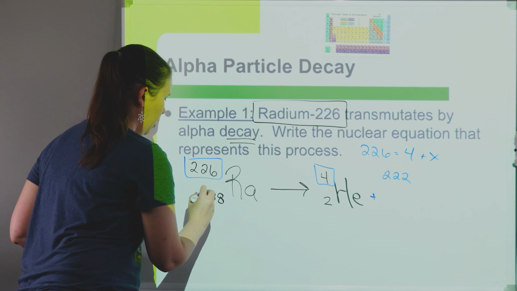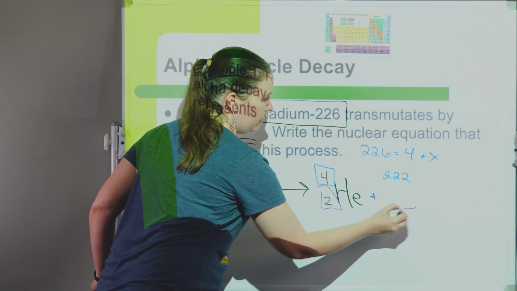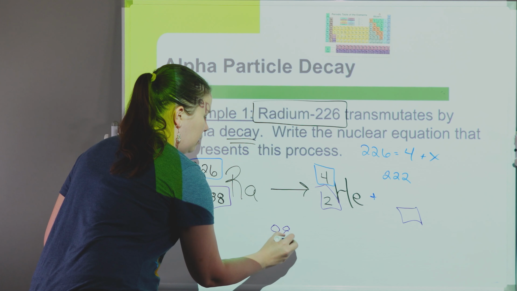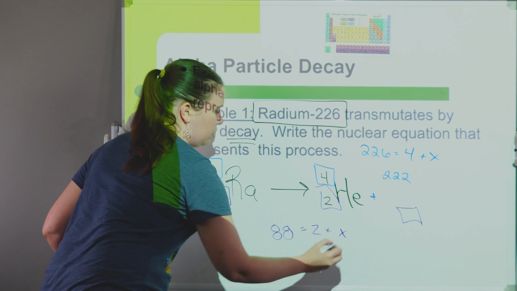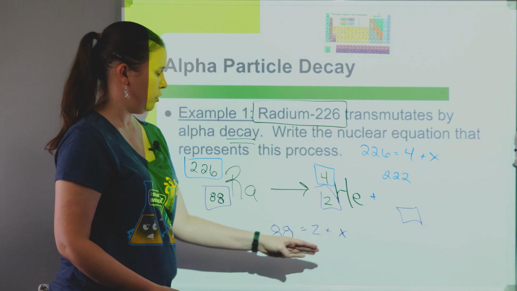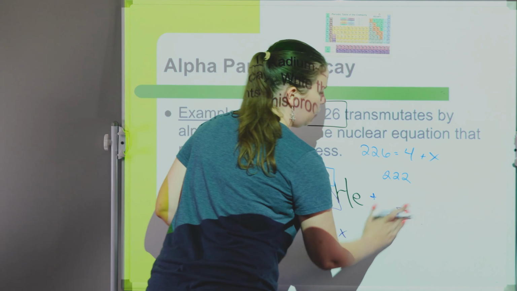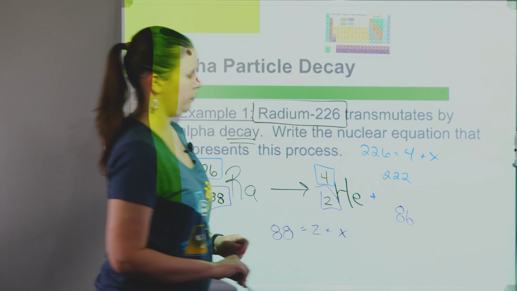Now let's look at the bottom numbers, where I have 88 and 2, and now I need to figure out what the bottom number is. So I'm going to set 88, the only number on the left, equal to 2 plus the number I'm trying to find on the right. What plus 2 is going to balance with my 88? Well, that would be 86.